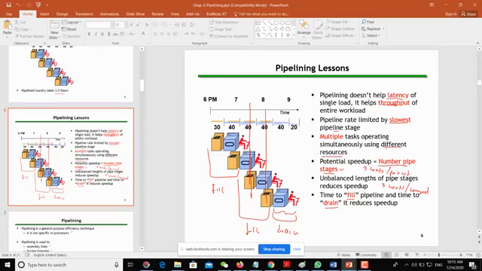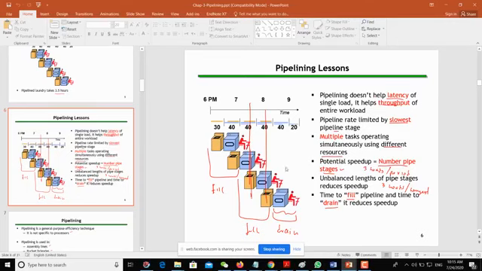Multiple tasks operating simultaneously using different resources. Yes, we have three different resources, so by using different resources we are operating multiple tasks simultaneously. We have three tasks, and we are operating them simultaneously with three different resources.